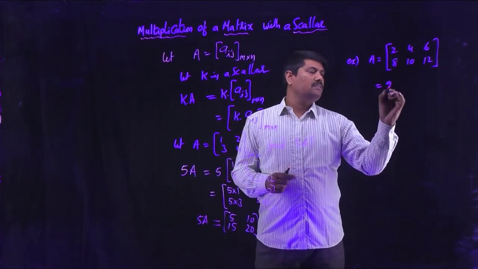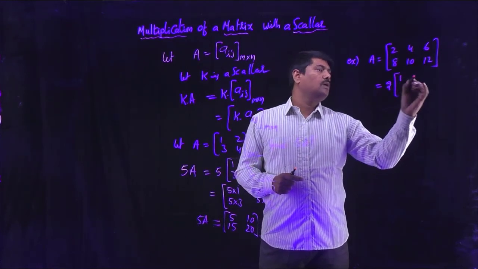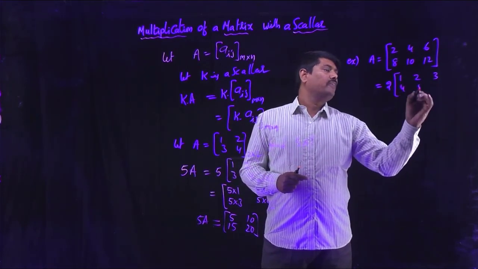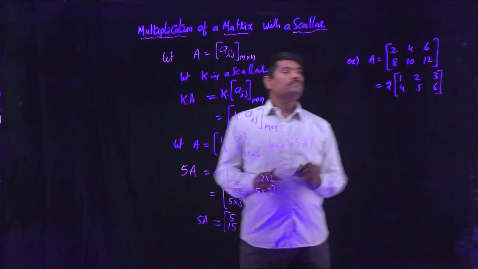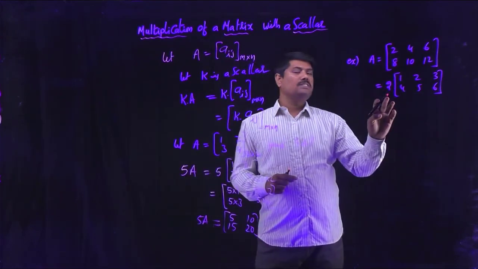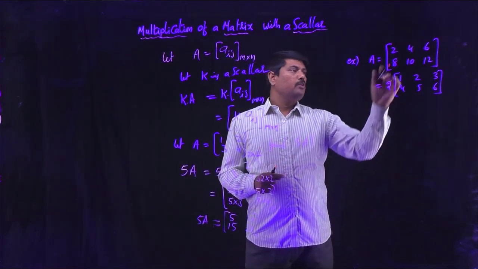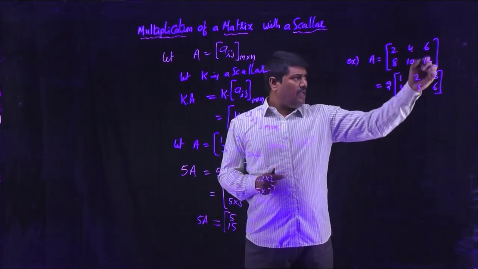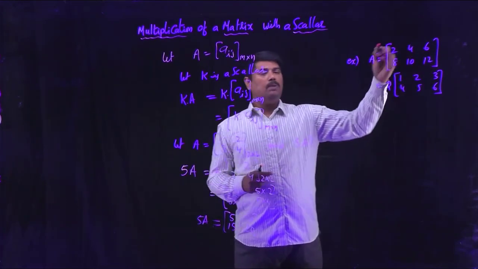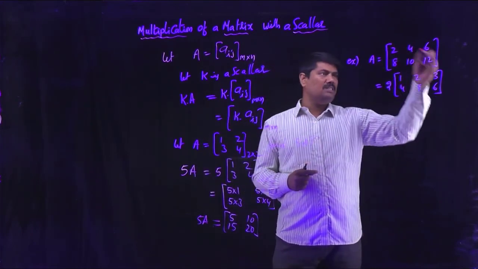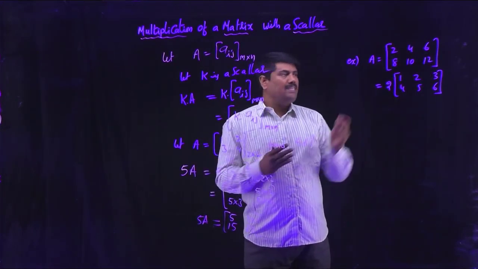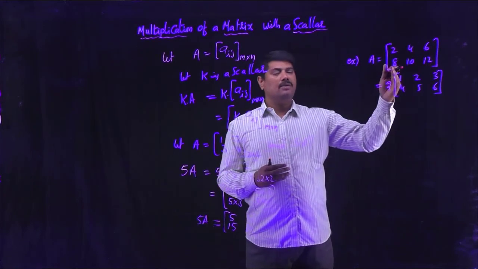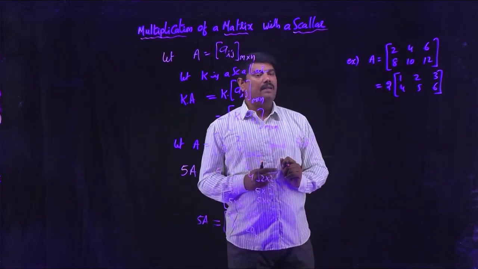I can write this matrix as 2 into 1, 2, 3, 4, 5, 6. This is equivalent to the previous one. Here you can observe every element is a multiple of 2, so all these are even numbers. So I can separate 2 from all the elements, and you can write the matrix like that.